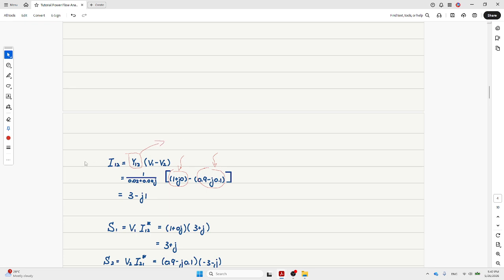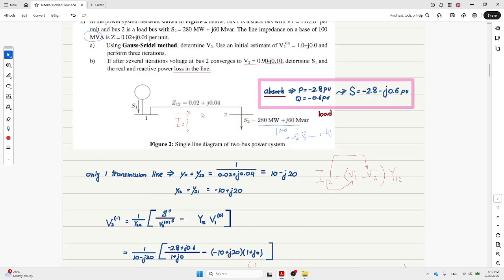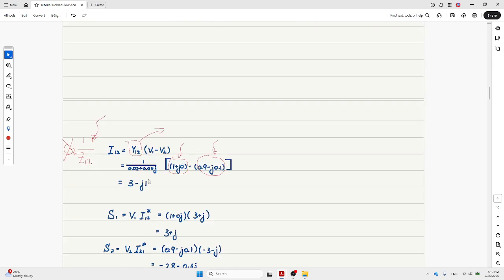This is 1 over the impedance between bus 1 and 2, without any minus. Don't forget, in this calculation there is no need to add any minus. So you can see 0.02 plus 0.04j, which comes directly from the transmission line value, must be considered here. Then the current between bus 1 and 2 is 3 minus 1j.